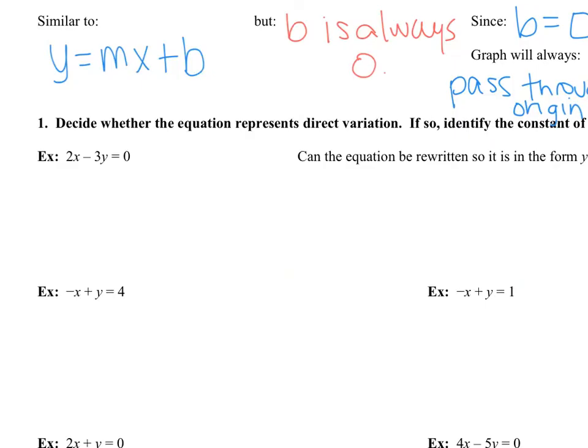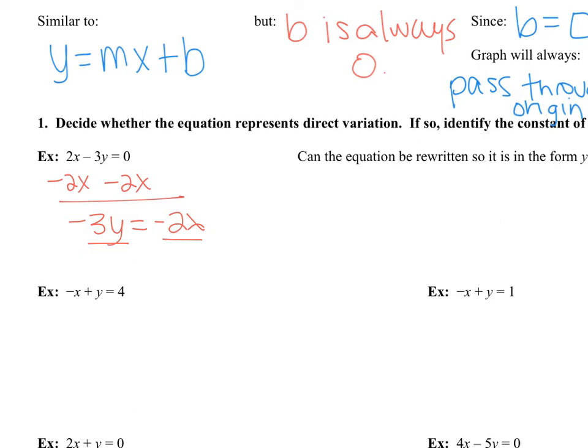So down here on these examples, we're going to see if the equation can be written as a direct variation equation. If yes, we're going to identify the constant of variation, or a. If no, we would say why not. So the first thing we want to do is isolate y. On this first example, to isolate y, I would subtract 2x from both sides, which gives me negative 3y equals negative 2x.